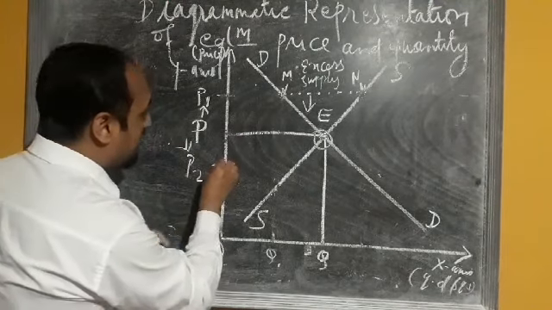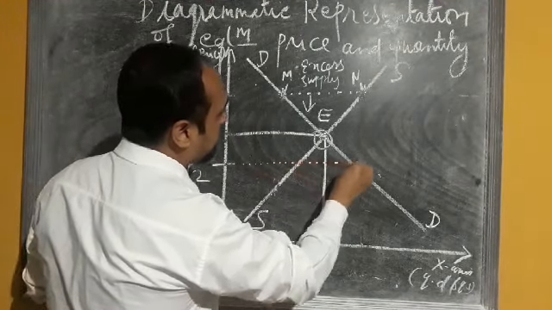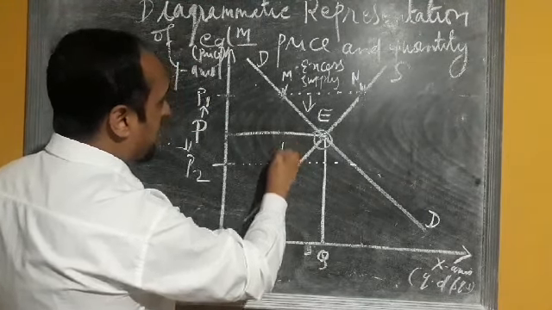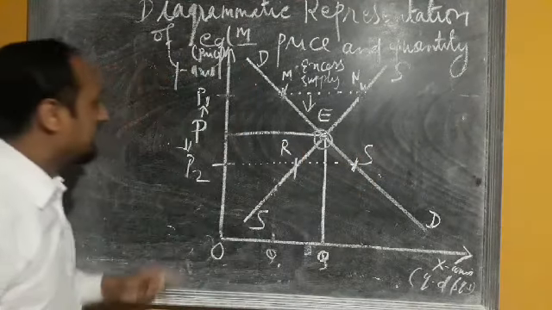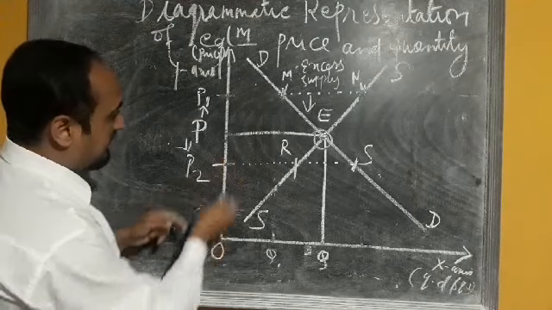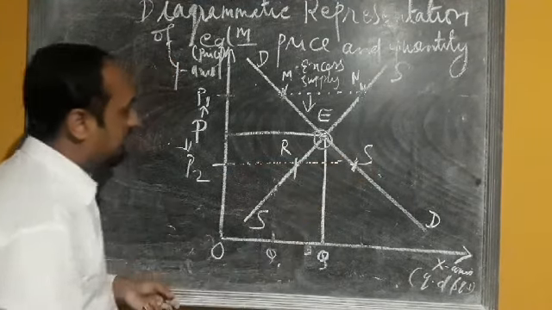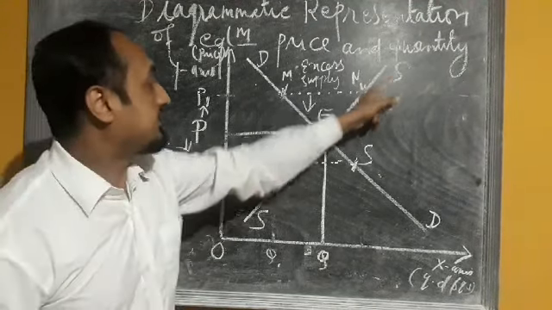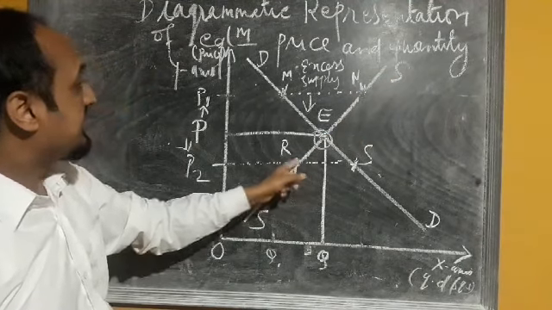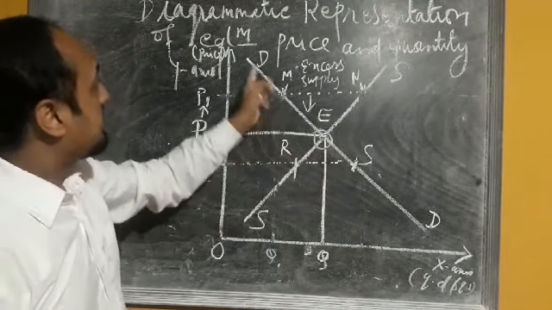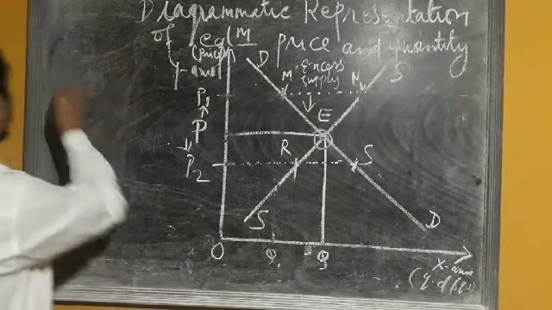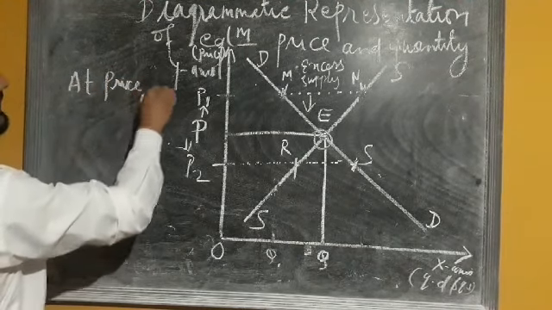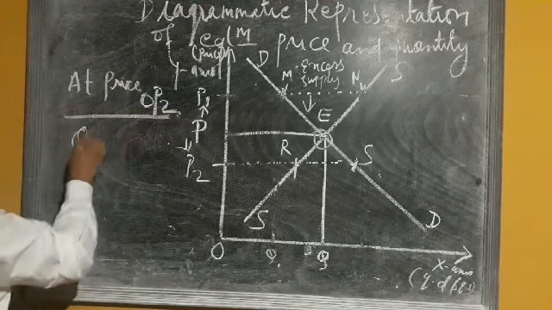At this price, if you draw a dotted line, suppose we name this point R and this point S. Now if we draw this price line, we can see that this price line is intersecting the supply curve at point R, and this line is again intersecting the demand curve at point S. Now at this price OP2, see what is the quantity demand.